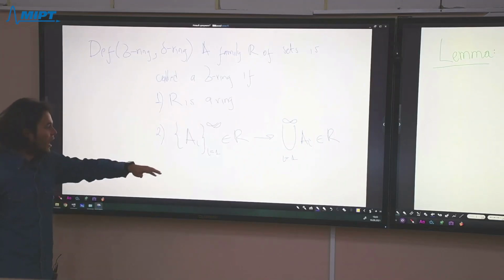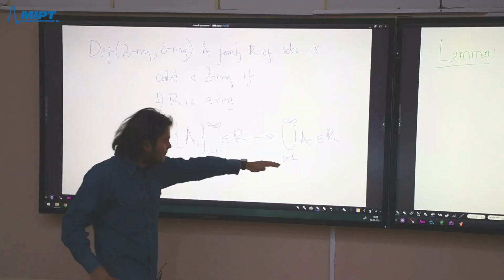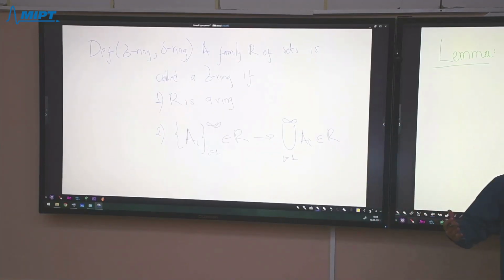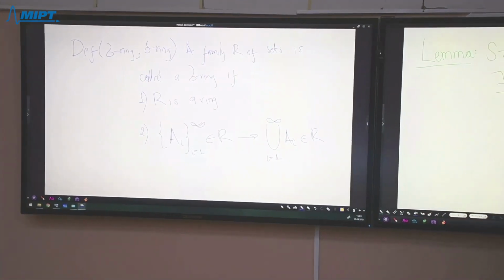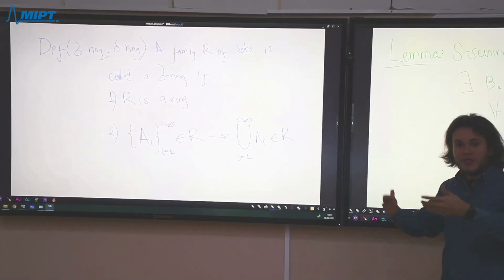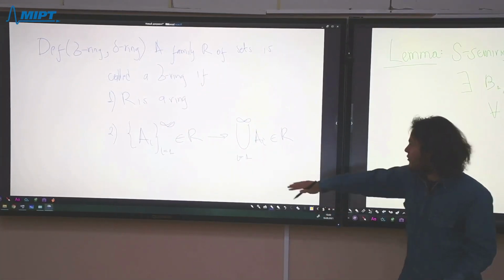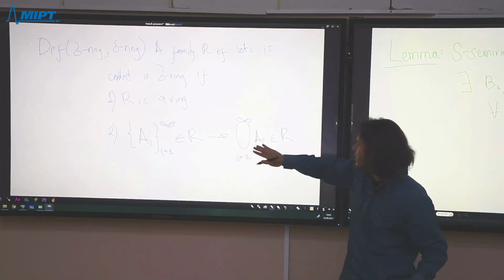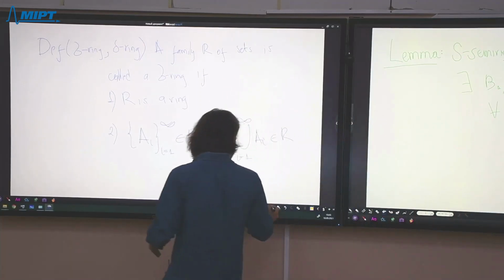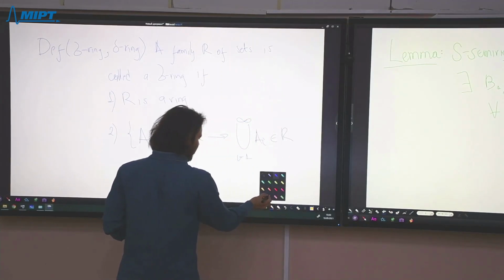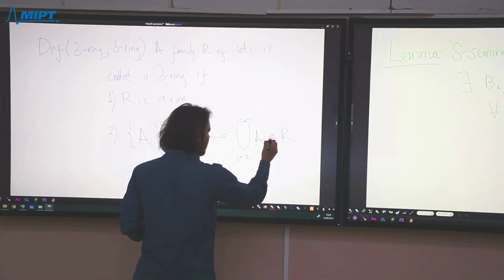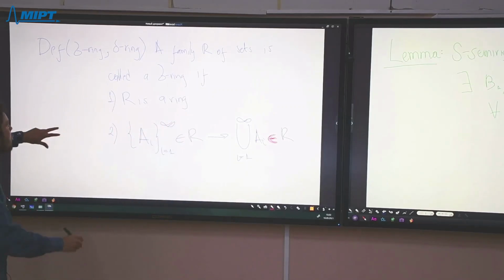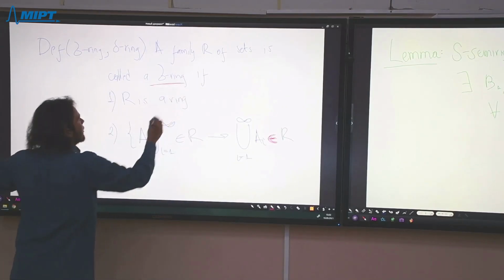If you look at this, you will get the definition of a sigma algebra, right? The countable union of the elements of a sigma algebra is an element of a sigma algebra. So we have here the countable union of the elements of a ring is an element of a ring, right? So this is the definition of a sigma ring.